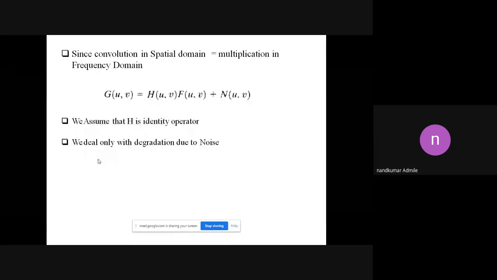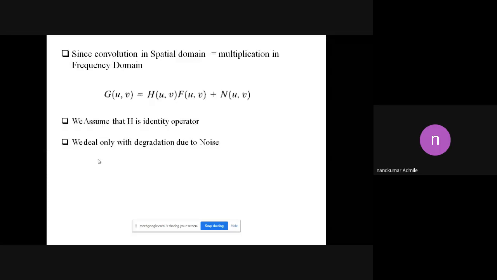When we convert the spatial domain information into the frequency domain information, the coordinates will change. So f of x y coordinates can be converted into g of u comma v. By using this conversion, we can represent the restoration model, or we can call it the degradation model.